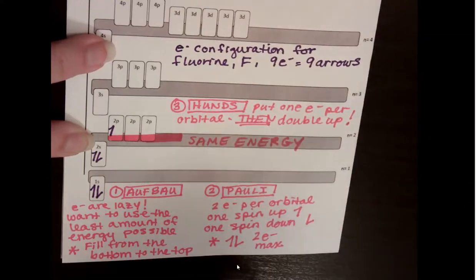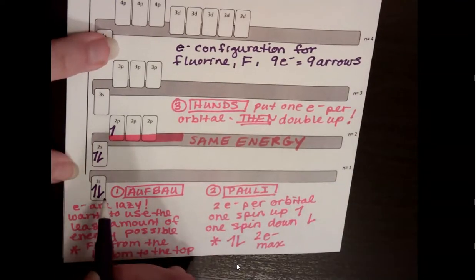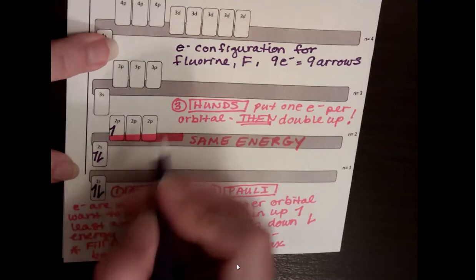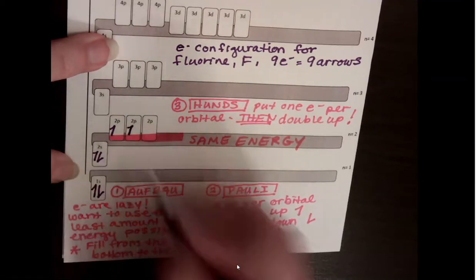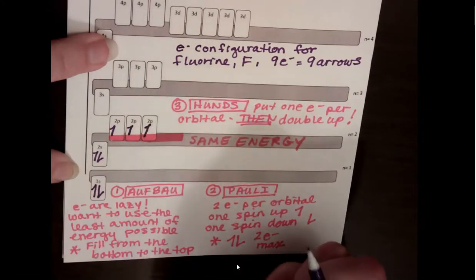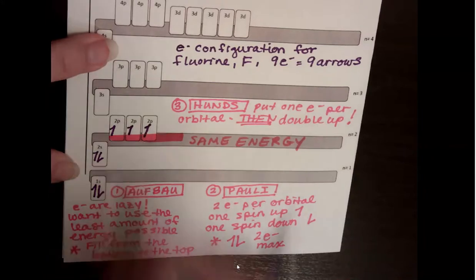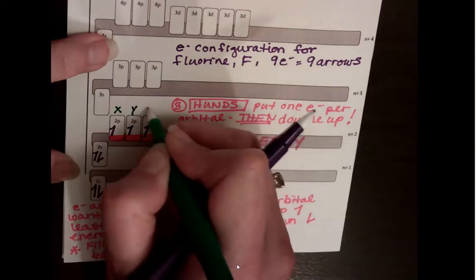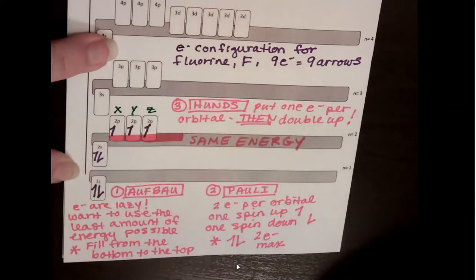So we had electron 1 and 2, 3 and 4. Here's 5, 6, 7. I spread them out. There was 1 electron in the px, py, and pz orbital.